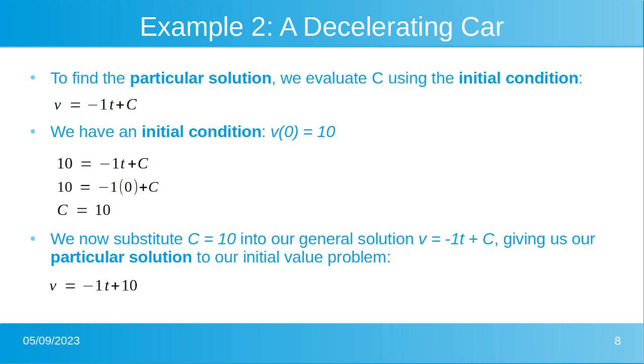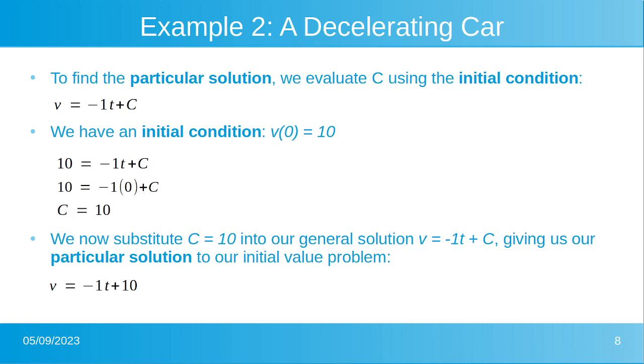And we have the initial condition that at time 0, our velocity v is equal to 10, written here as v(0) equals 10. So like before, we substitute our initial condition values into our general solution. Instead of v, we've got 10, and instead of t, we're going to have 0.